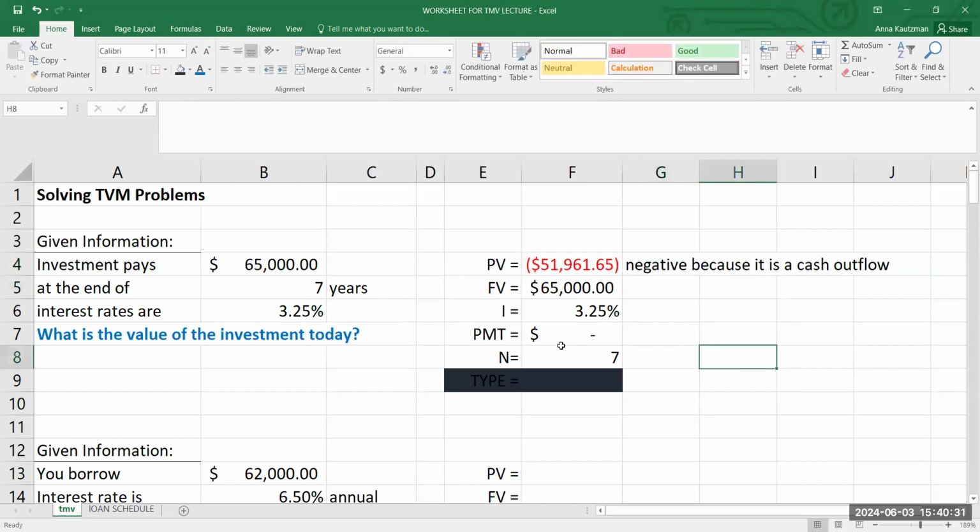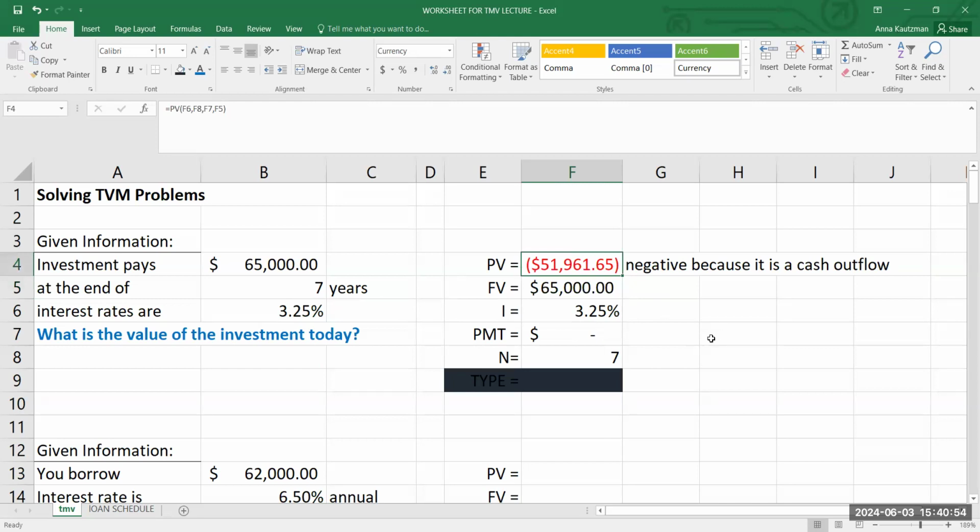In Excel and time value of money, there are cash inflows and outflows. A positive value, like the 65,000, is an inflow to you. That's what you receive. It's assuming that you would have to purchase the investment to receive the benefit.